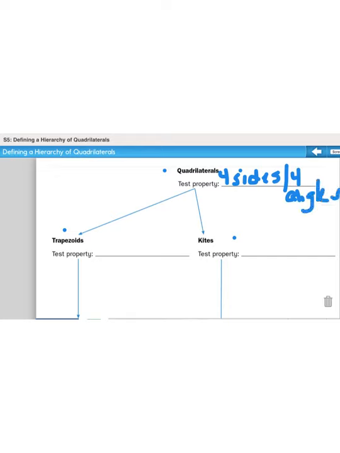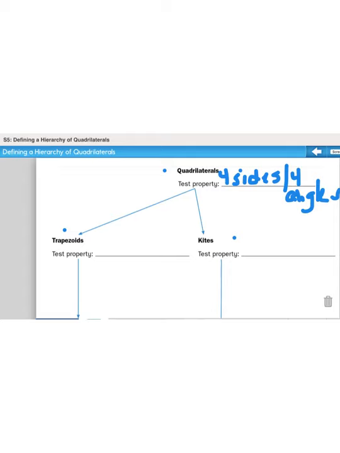Okay. Are all of the quadrilaterals on your cards trapezoids? No. Some, but not all, of the quadrilaterals are trapezoids. So if we looked at quadrilateral A, is this quadrilateral a trapezoid? Yes, it is. How do you know? It has at least one pair of parallel sides.